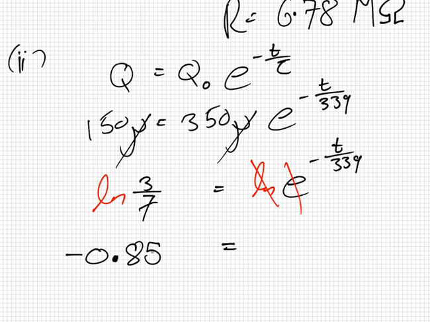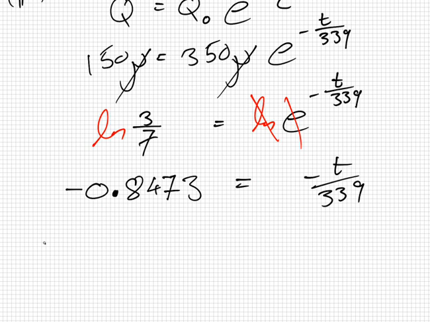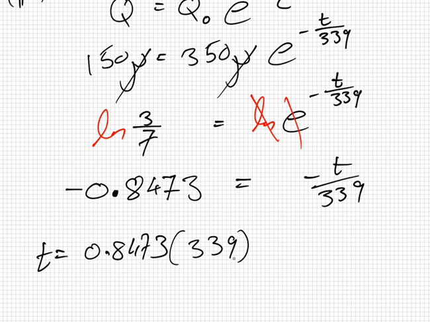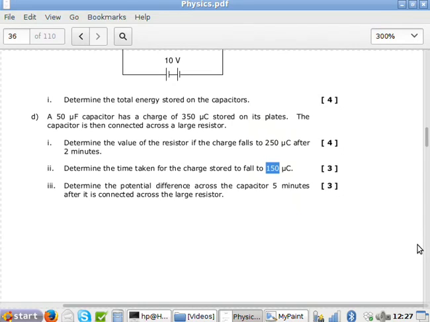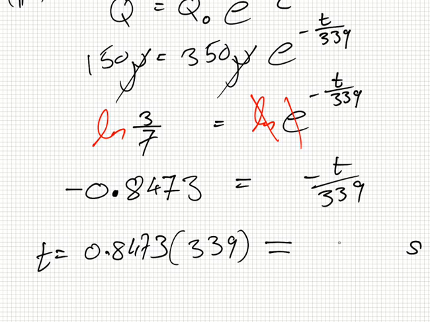What's log 5 over 7? Minus 0.3544. Equals minus 120 over time constant. So time constant is 120 over this number you just got.